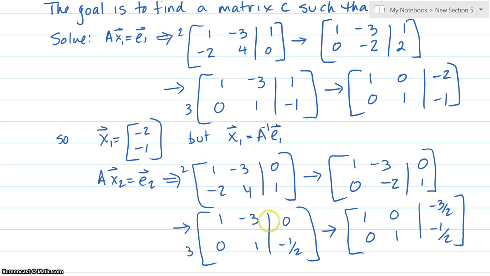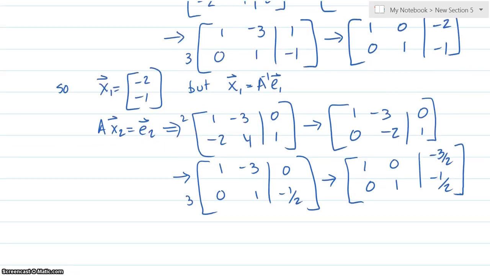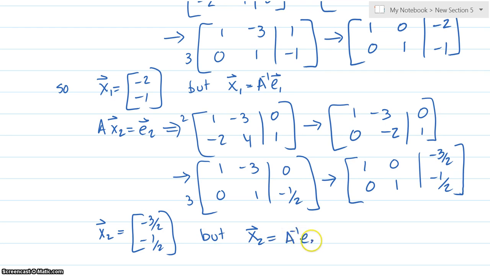And then when you divide through by -2, it would be a -1/2. And then you add 3 times the second row to the first, and you're going to get this answer. So what does that mean? That means x2 is equal to -3/2, -1/2. But the same thing, we also know from our theorem that this is A inverse E2.